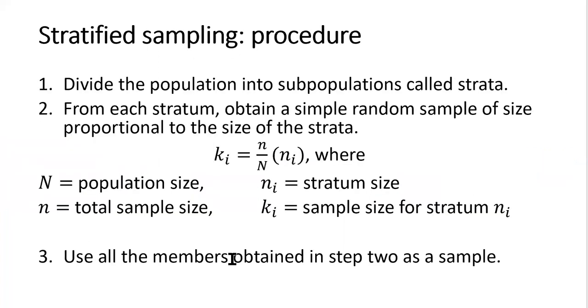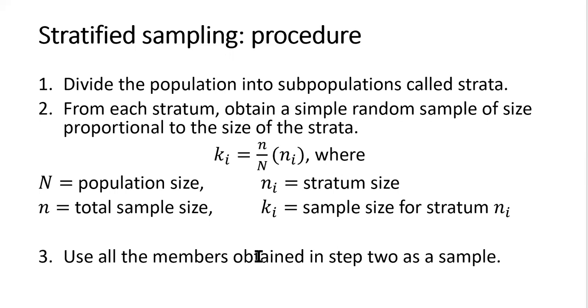Okay, so the formal procedure. Step 1, you divide the population into subpopulations, not necessarily 2. In the case of states, it was 50.